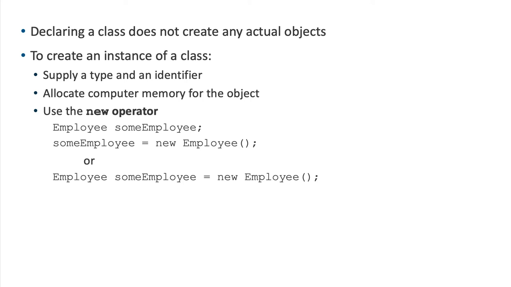A two-step process creates an object that is an instance of a class. First, you supply a type and an identifier, just as when you declare any variable. And then you allocate computer memory for that object. For example, you might declare an integer as int someValue, and you might declare an Employee as Employee someEmployee.